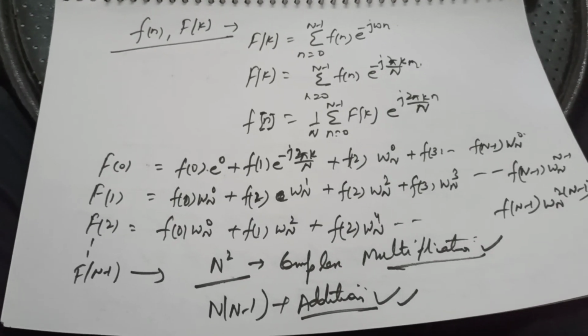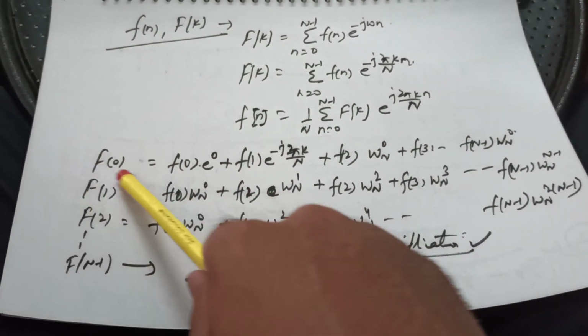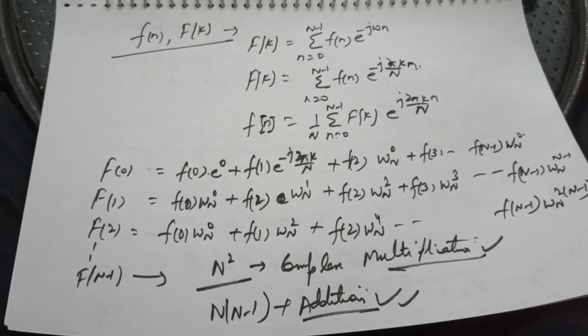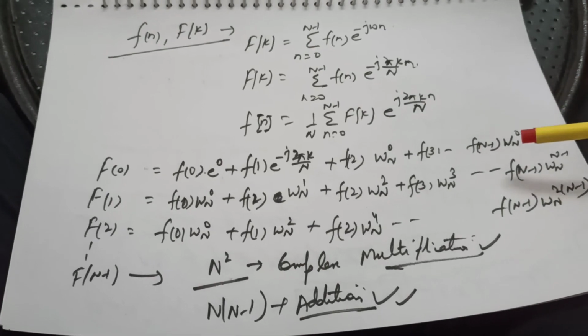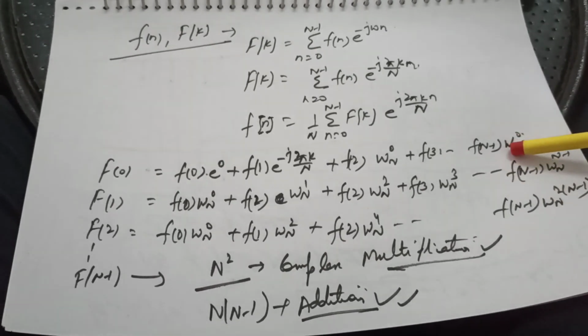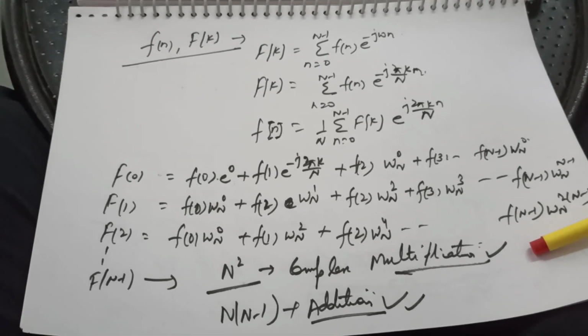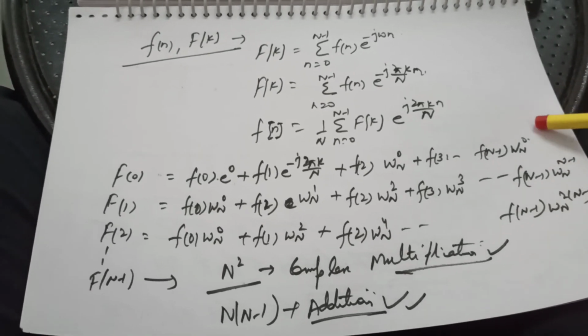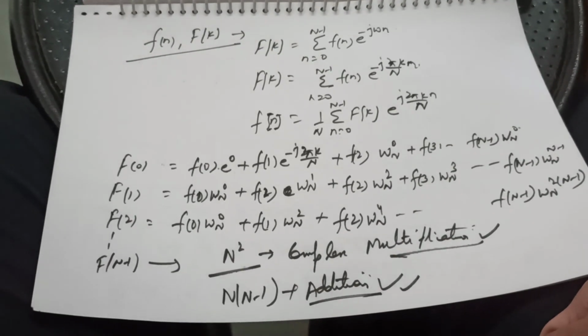So the number of additions in a single point DFT will be N minus 1. If this N minus 1 is clear, then from first, second, third till N terms, the number of additions will be N minus 1 into N.